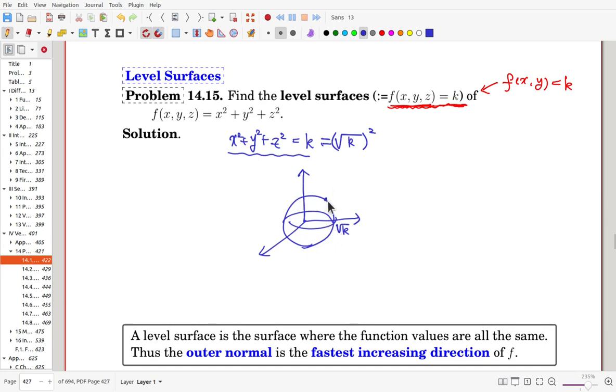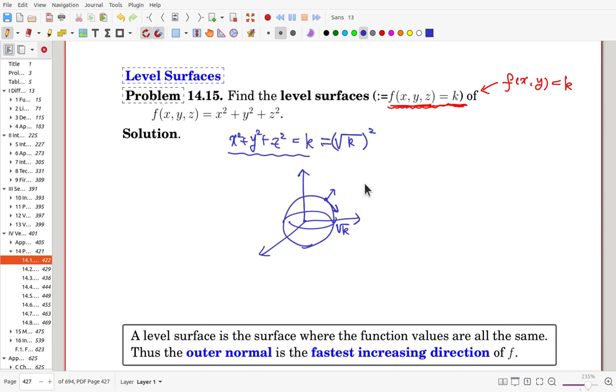So in that direction, the function value may not change, or even change very little. But if you consider the normal direction, then the function value will change. In fact, the normal direction is the direction that changes the function value fastest. It is the fastest increasing direction of the function value.